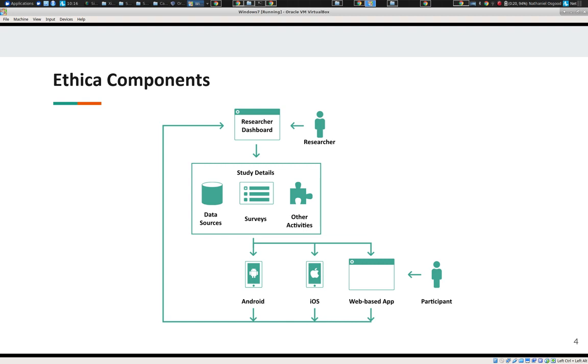Or maybe we're interested in the impact of the physical environment on physical activity and sedentary behavior. We're recording accelerometry and aspects of their movement as quantified with step counters and with gyroscopes. And that would be additional data, and all of this is cross-linked within Ethica.